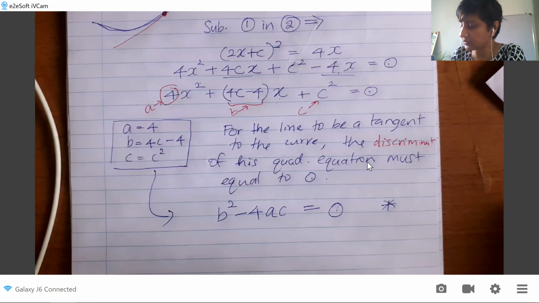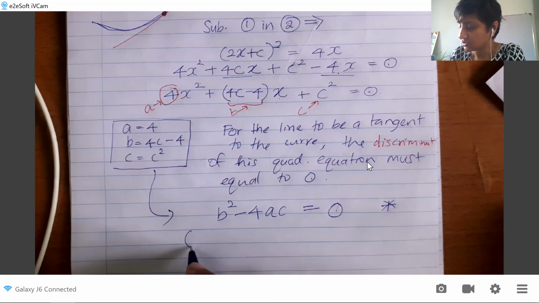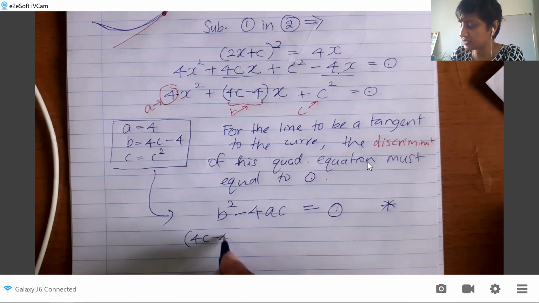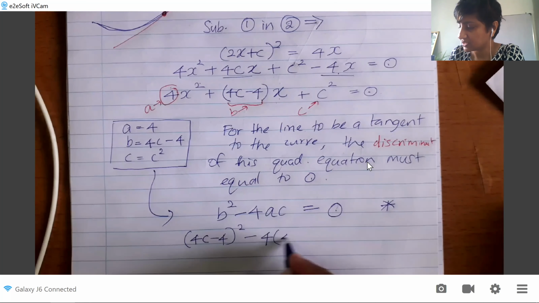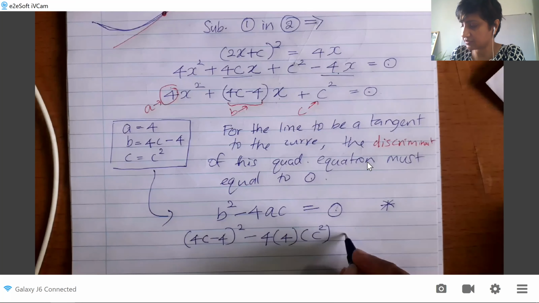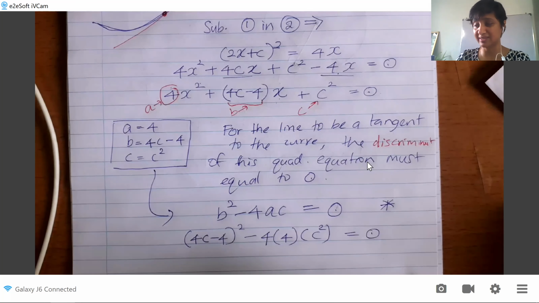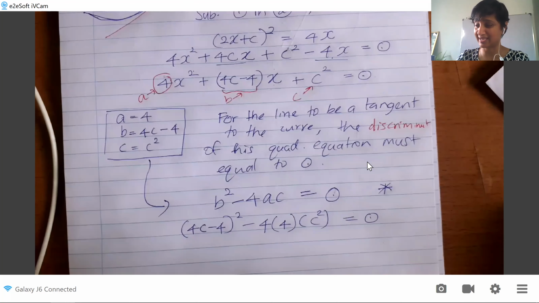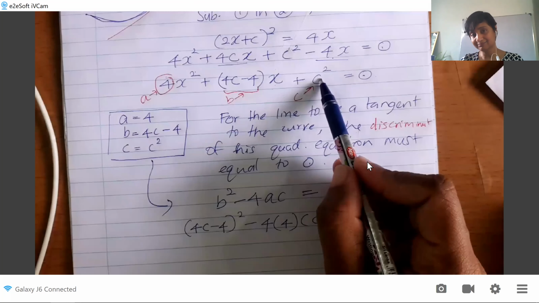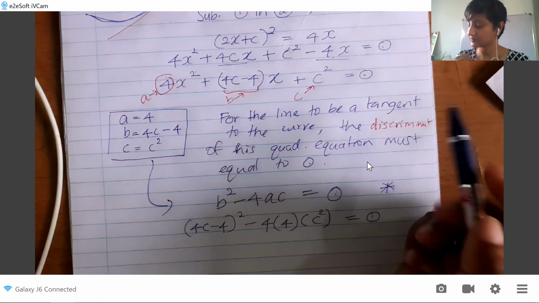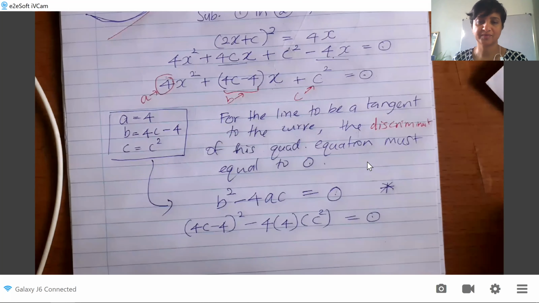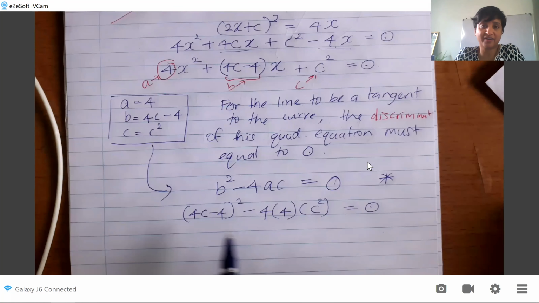So what is b squared? b squared is (4c minus 4) squared minus 4 times a times c is equal to 0. Now don't confuse, there is a c already in the question and that whole thing is the c. Now you have to solve this and find the value of c.